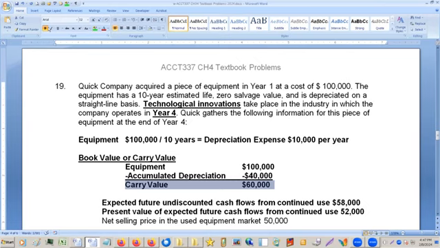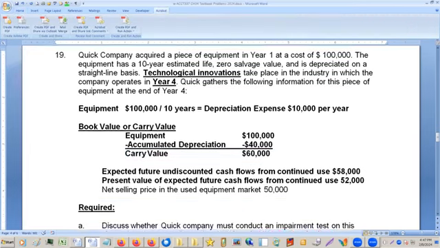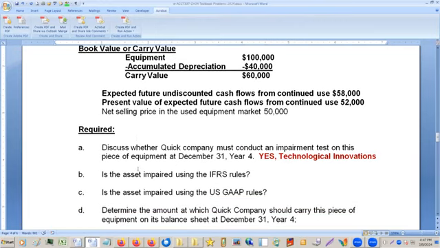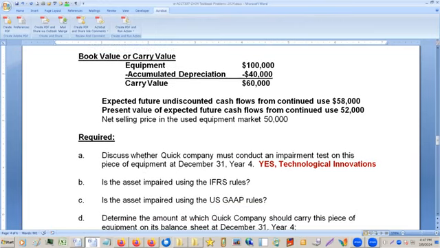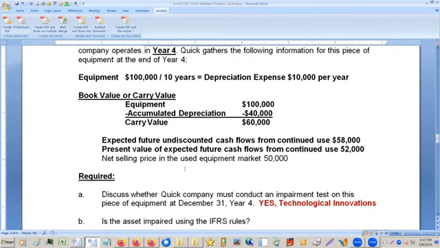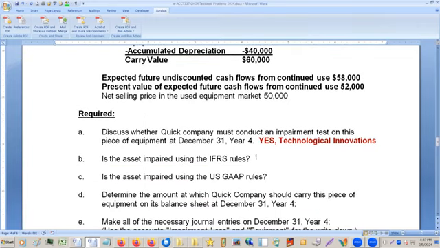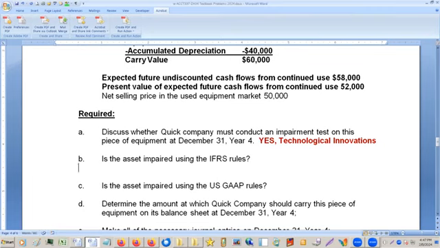Now, the test for whether this is impaired or not differs between the US standards and international standards. The international standards will use the carry value. The international standards are probably theoretically better than the US standards on this one.